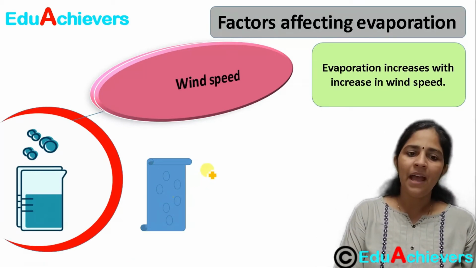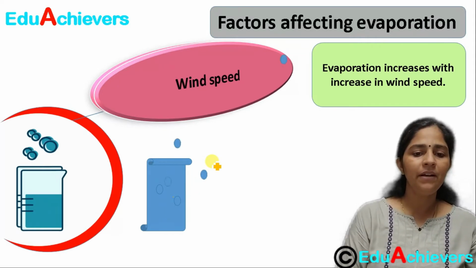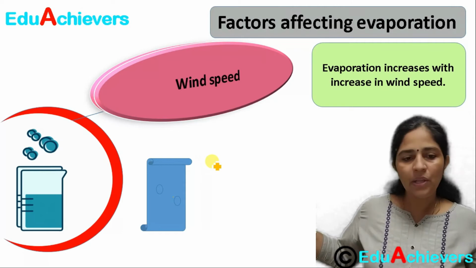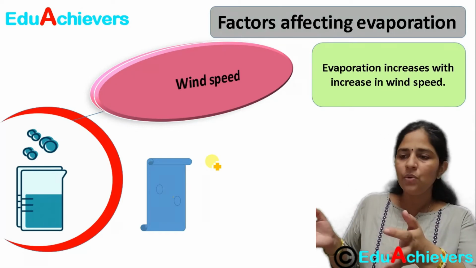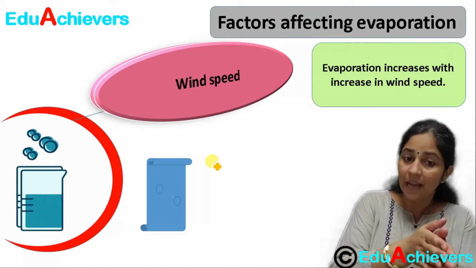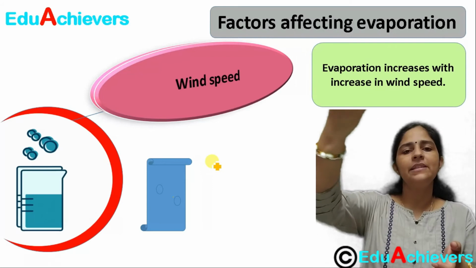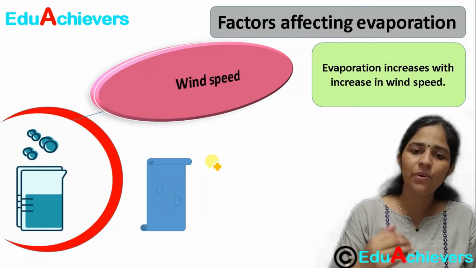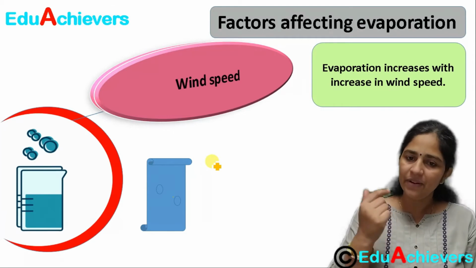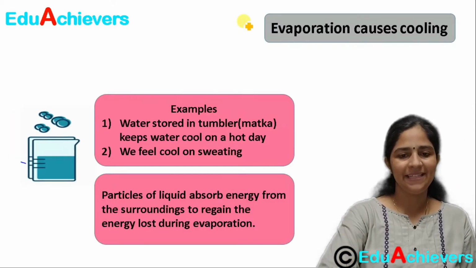The molecules of air will strike this cloth piece. The molecules of water present in that cloth will absorb some of the heat and escape into the environment. That is the reason the wind speed also affects evaporation. As the wind speed increases, the evaporation also increases.